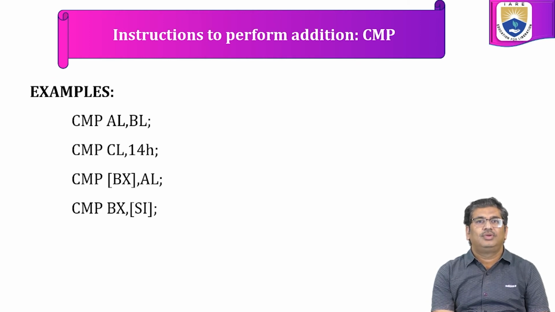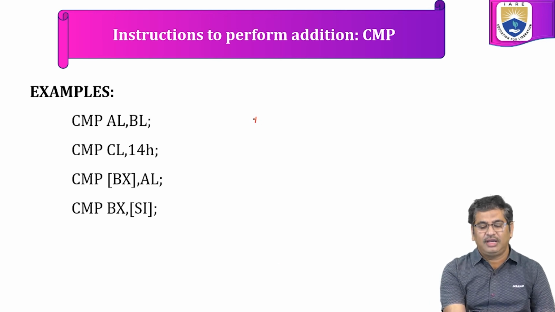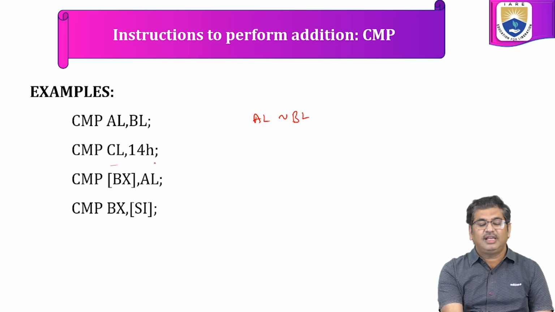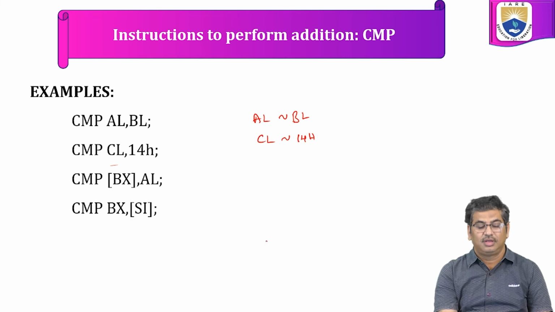A few examples for the compare instruction are CMP AL, BL. This instruction will compare the AL register contents with the BL register contents. Based upon the comparison, the flags may be affected. The flags we can see are the carry flag and zero flag. CMP CL, 14H. So it will compare CL and 14H.